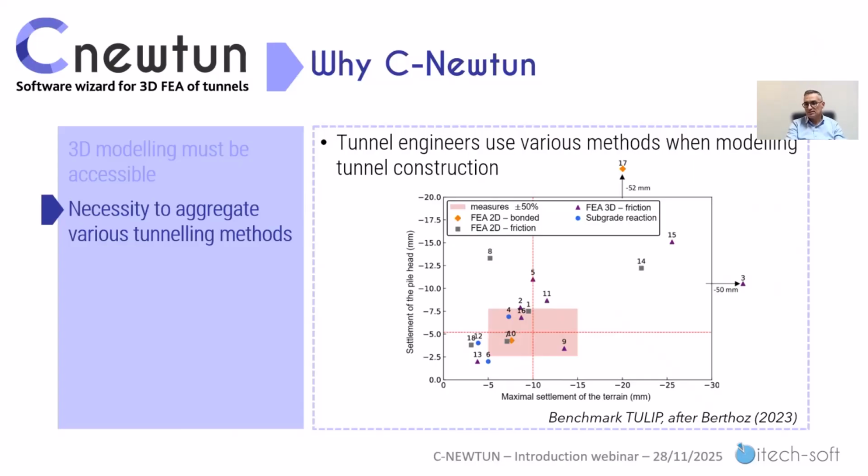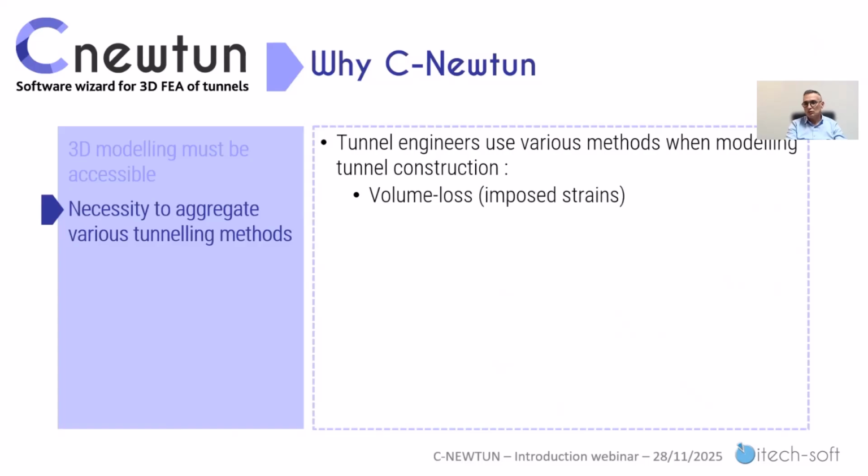So it illustrates that engineers have their own method, own background on tunnel modeling, and it requires to sum up somewhere these methods, and we propose to sum them up like the volume loss. So there is an imposed strain on the excavation.